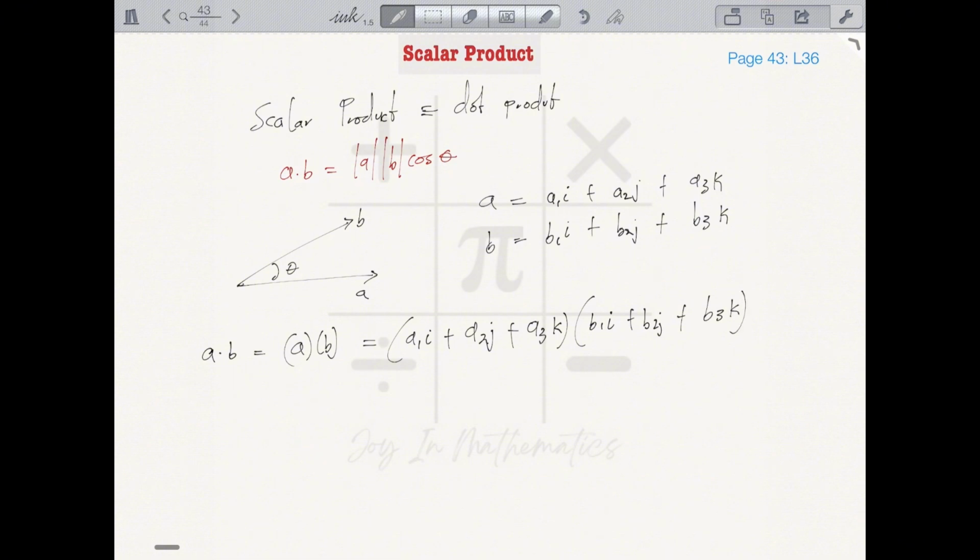And when we multiply this out, that means each component is going to multiply the whole bracket. So we'll have A1i multiplying B1i plus B2j plus B3k. Then A2j is multiplying the same thing, B1i plus B2j plus B3k.